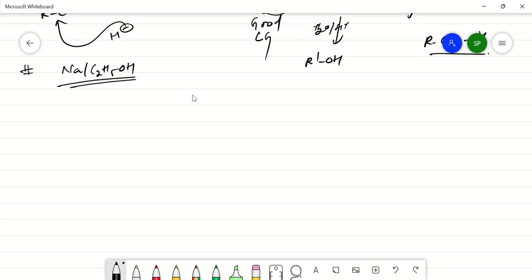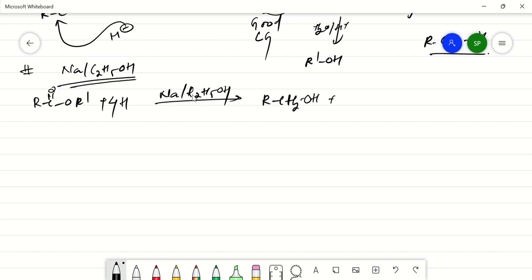If you see the reaction, RCOOR dash plus 4H in presence of sodium and C2H5OH, which is alcohol, to produce RCH2OH plus R dash OH. Two types of alcohol.